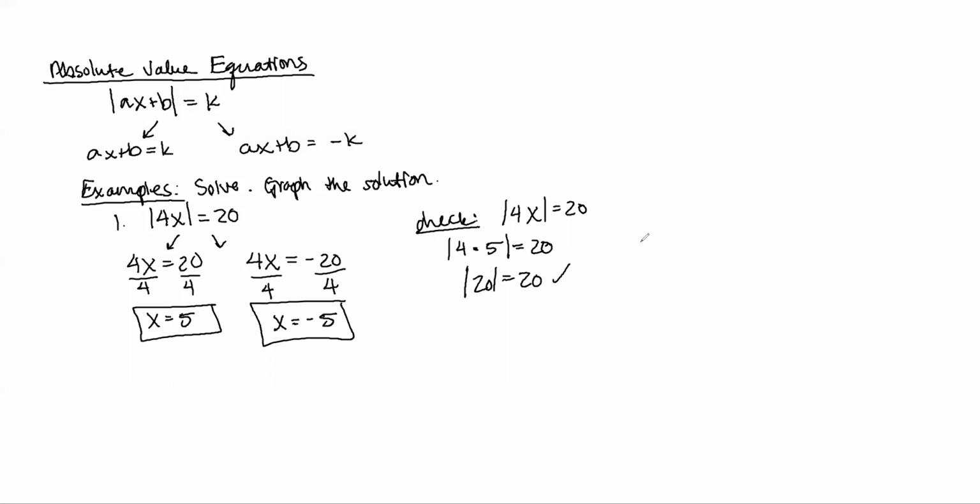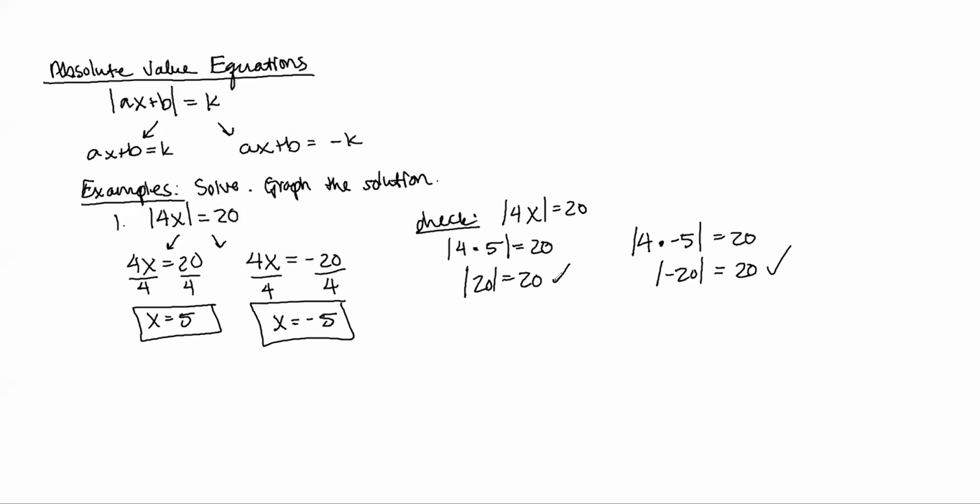And if we check our other equation, the absolute value of 4 times -5 equals 20. Well, 4 times -5 is -20, and the absolute value of -20 is also 20. Either way it works out, so that's one way you can double check your answers here.